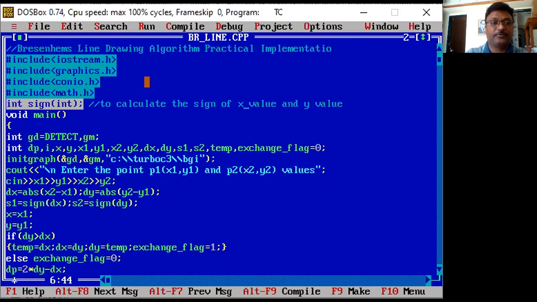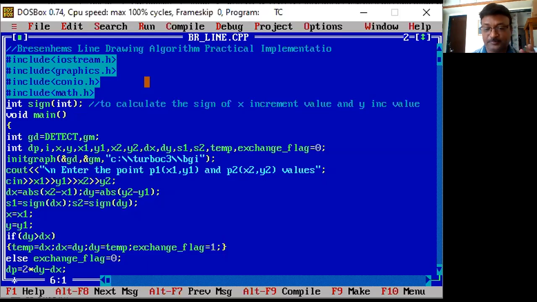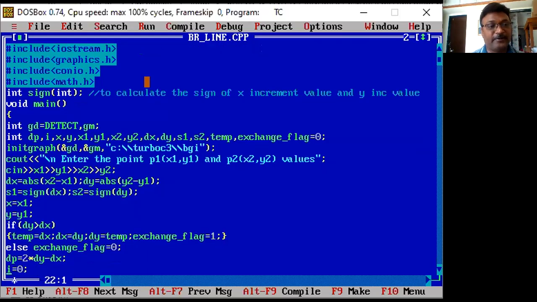You may say it is an x increment value and a y increment value that the sign function is going to calculate. So this is the use of the sign function. I have defined, declared, and called it. So this is my define.